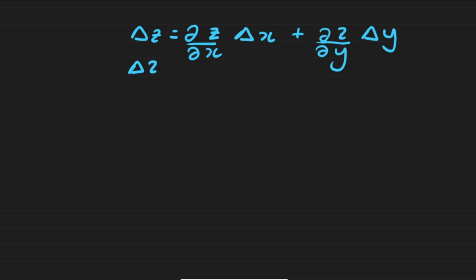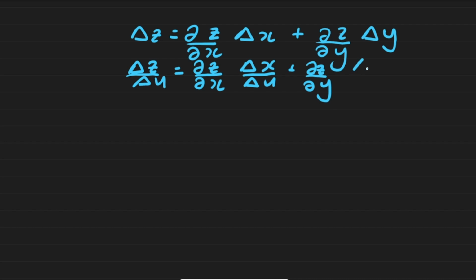So we have delta z divided by delta u equal to ∂z/∂x multiplied by delta x over delta u plus ∂z/∂y times delta y over delta u. And of course, if we let delta u approach 0, then all these deltas become d's.